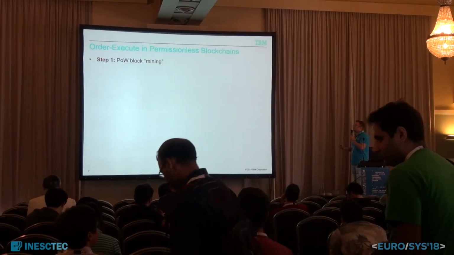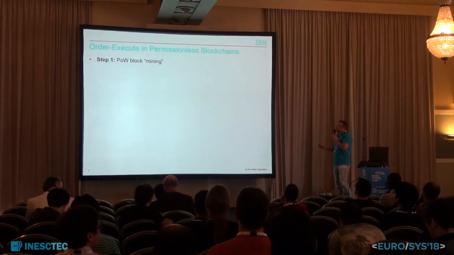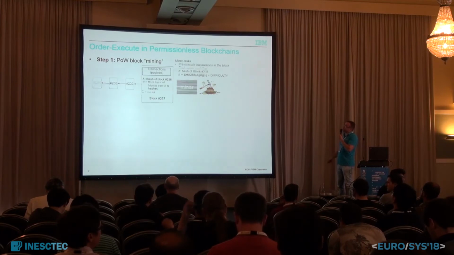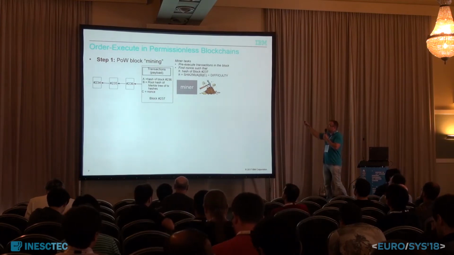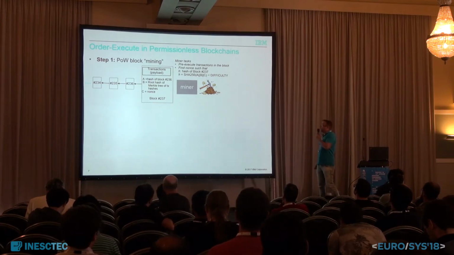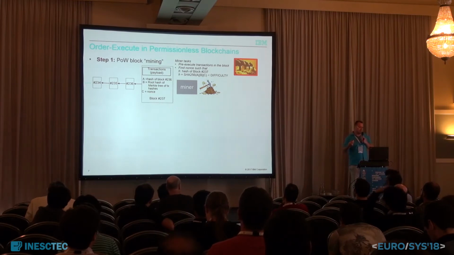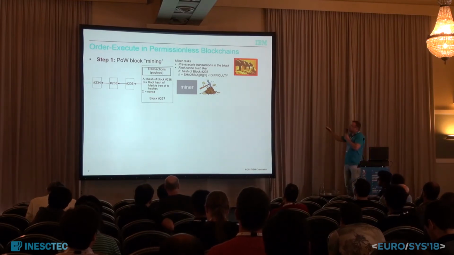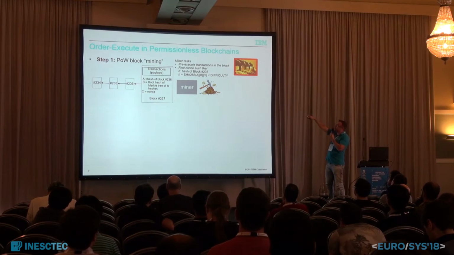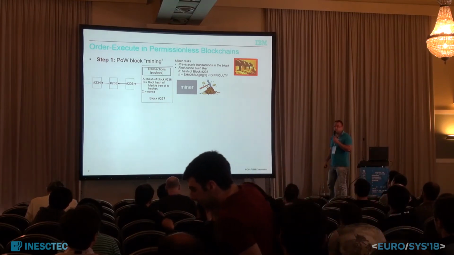For permissionless blockchains, where essentially you don't have node identities, this order-execute architecture looks as follows. You have proof-of-work block mining, where the miner tries to solve a cryptographic puzzle which is fairly complex and consumes a lot of energy, right, in order to find a valid block. This typically consists of finding a nonce such that the hash of the block is smaller than some difficulty, which is a very small number.